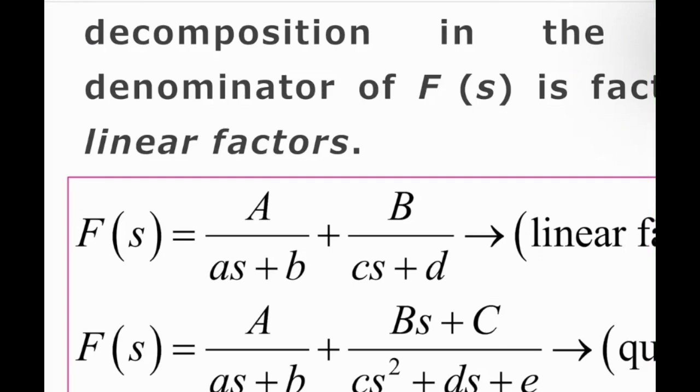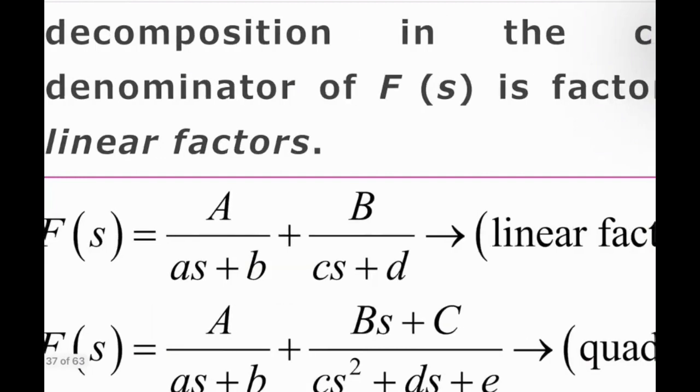The power of s must be 0, that means s to the power 0 is 1. So it must be a constant A. Same with this one, we have C over s, where s is to the power 1. That means the numerator must be a constant. So this is called a linear factor.